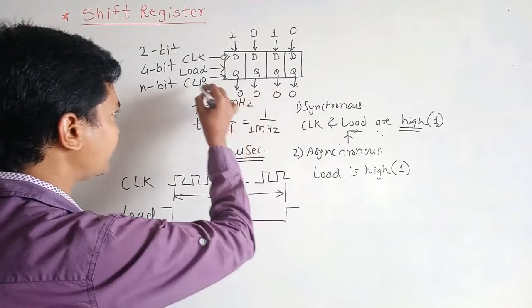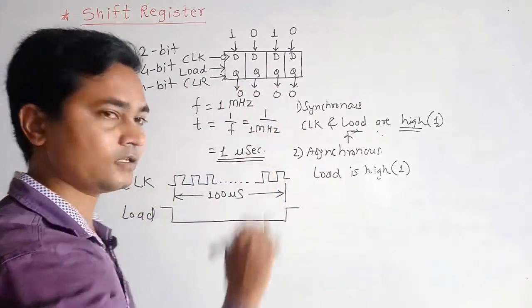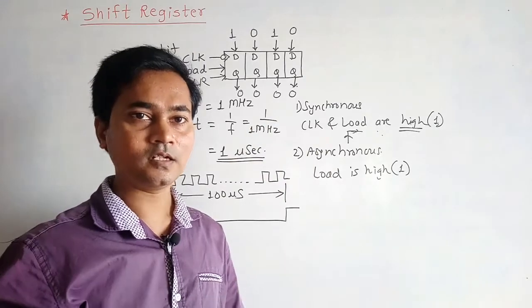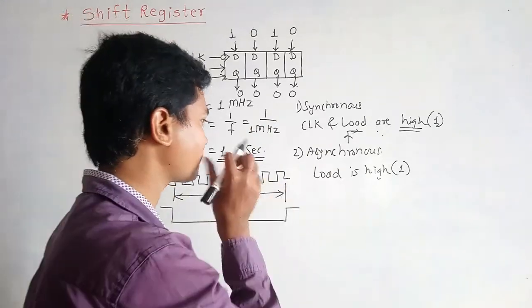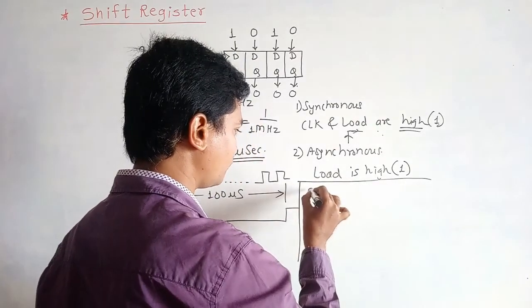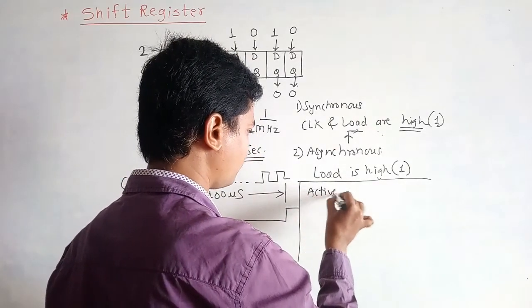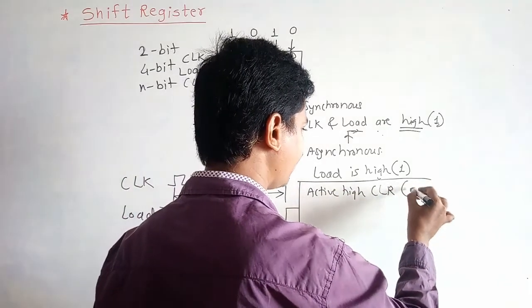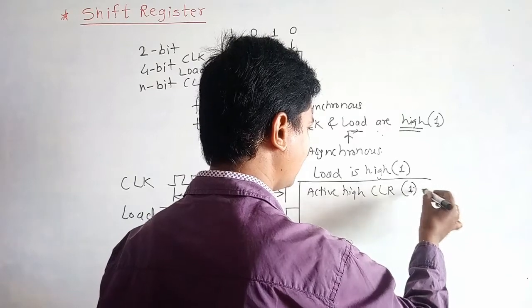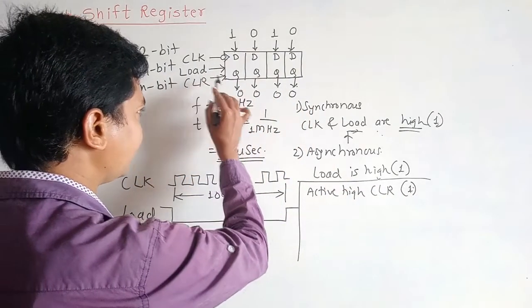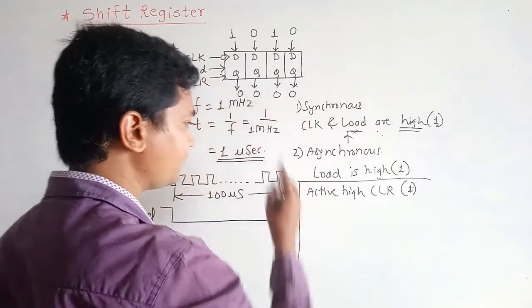Clear again has two types: active high clear and active low clear. Active high clear means logic 1. If you apply logic 1 on this clear pin, then the outputs of the shift register will be 0.